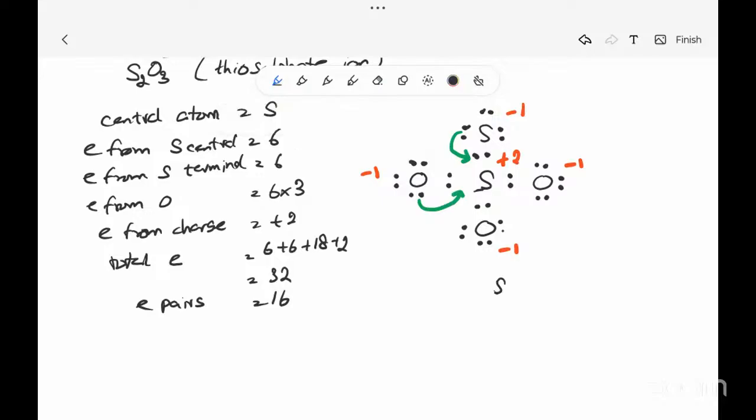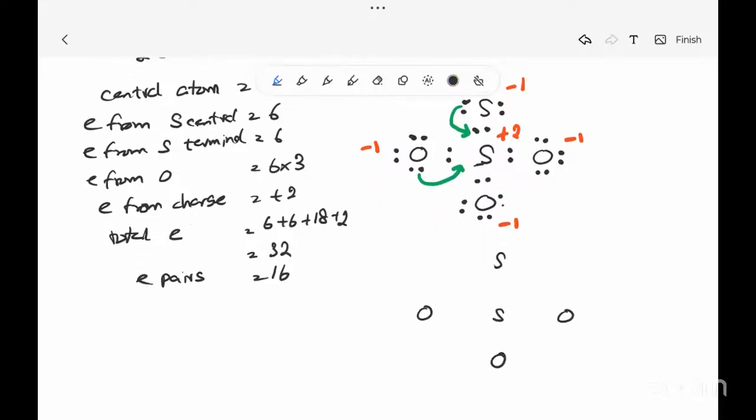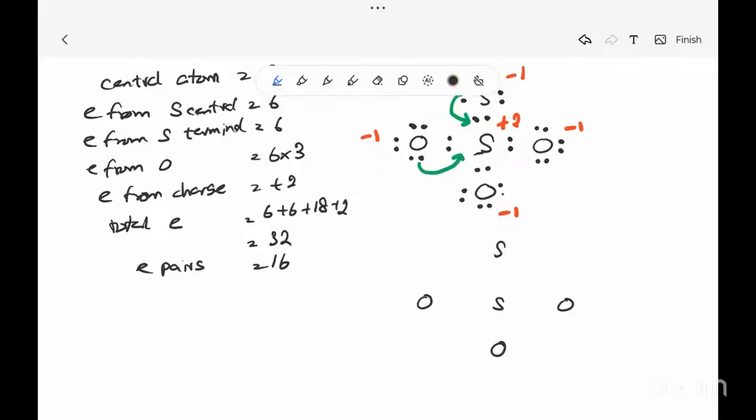Let's say sulfur here, terminal sulfur, sulfur, oxygen, oxygen, and oxygen. We have a double bond here like this, and a double bond here like this, and a single bond, and a single bond.